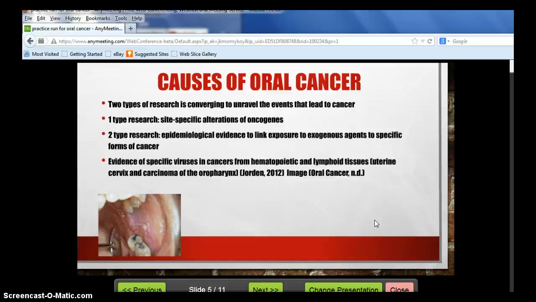And what that is, is the alcohol, the tobacco, and also evidence of specific viruses and cancers from hematopoietic and lymphoid tissues such as uterine cervix and carcinoma of the oropharynx.